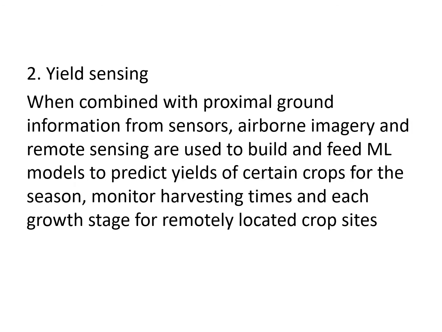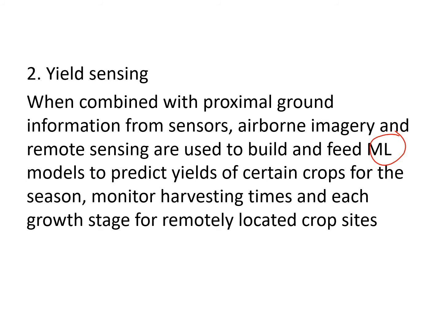Another use of these sensors is in yield sensing. When these sensors are combined with proximal ground information from sensors or airborne imagery and remote sensing, they can be used to build and feed machine learning models to predict yields of certain crops for the season, monitor harvesting times, and each growth stage for remotely located crop sites.